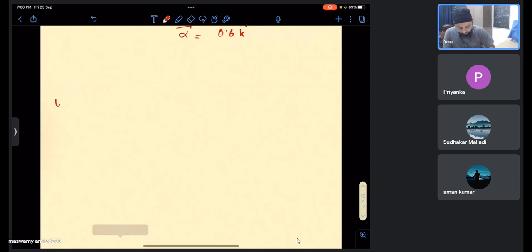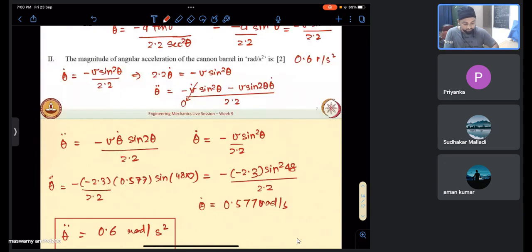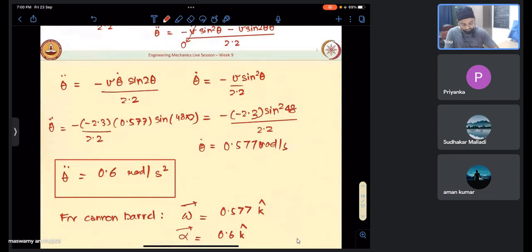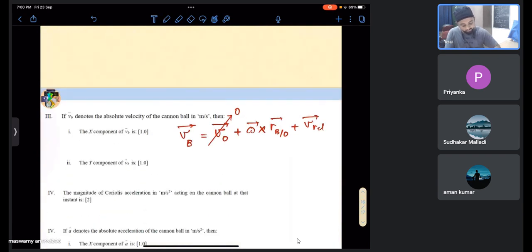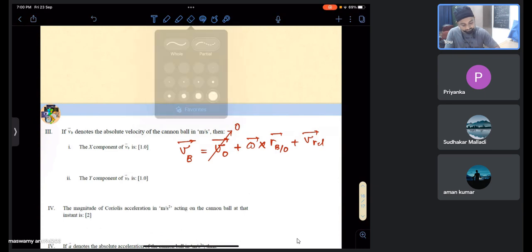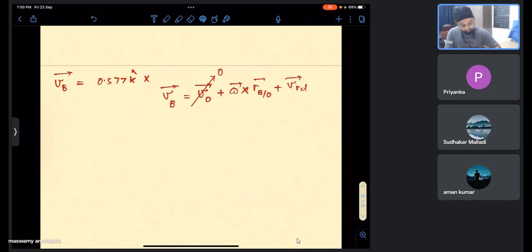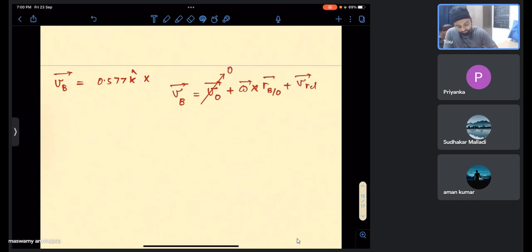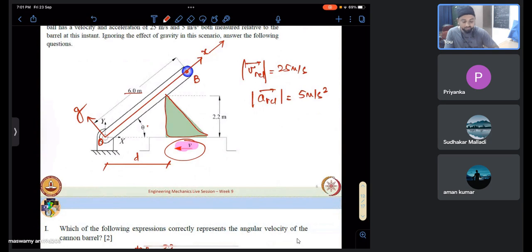VB is VO, which became 0, plus 0.577 k cap crossed with R of B with respect to O. R of B with respect to O is this 6, and theta is 48 degrees.